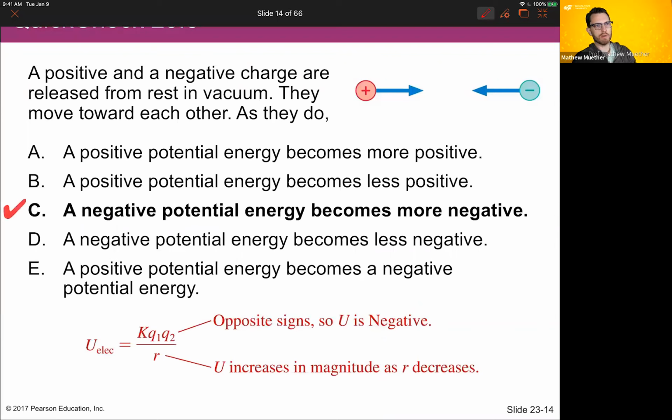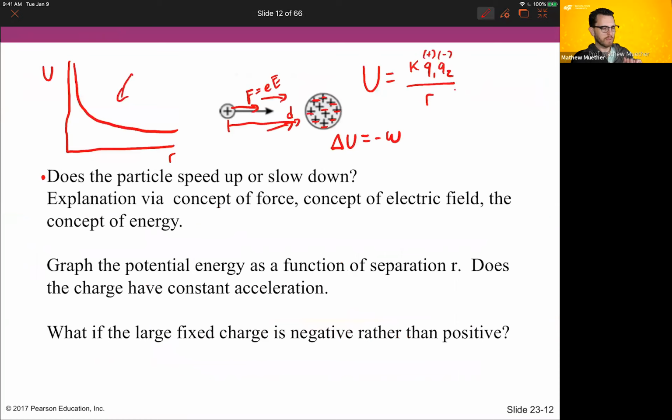Let me look at the chat real quick, see a couple comments. So Jacob says, on this previous problem, the positive charge approaching the positive object does not speed up. Sorry, Jacob, that's the example we did yesterday.